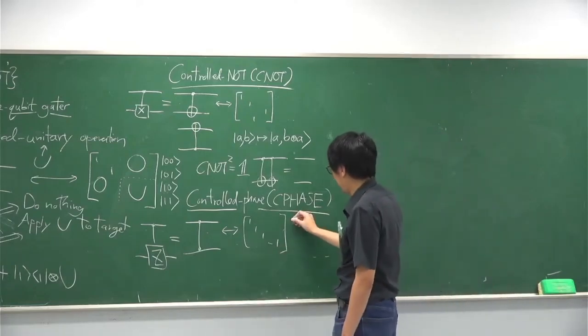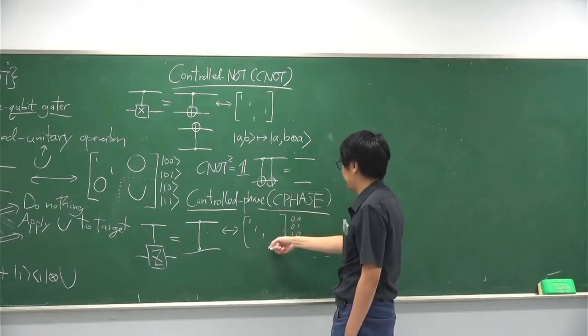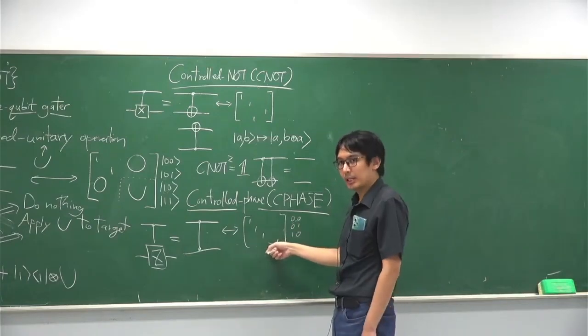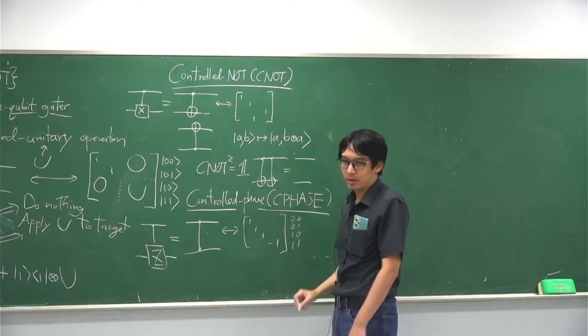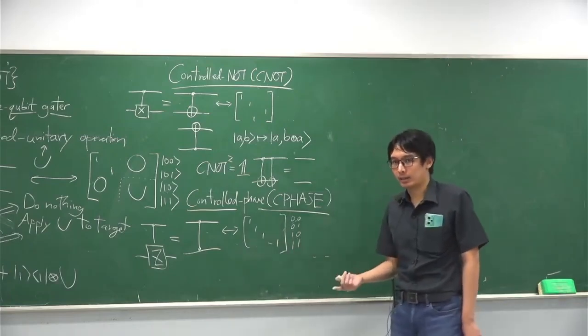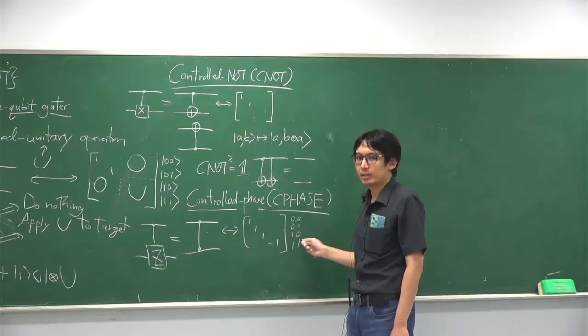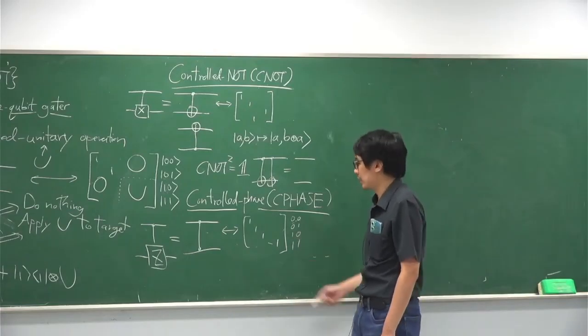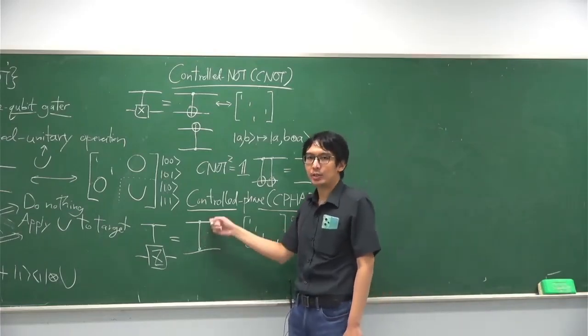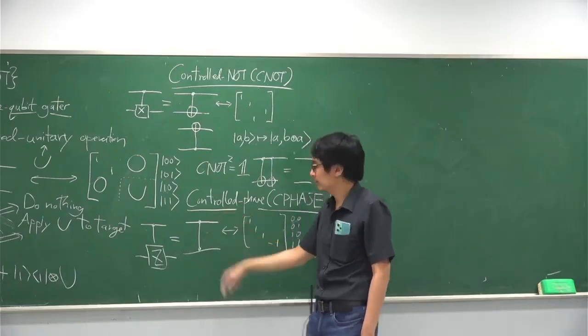The only non-trivial action in the computational basis is when both of the qubits are 1, so you can exchange the role of the target and the control qubit symmetrically, and that's why this gate is written in this way. It doesn't have a direction.